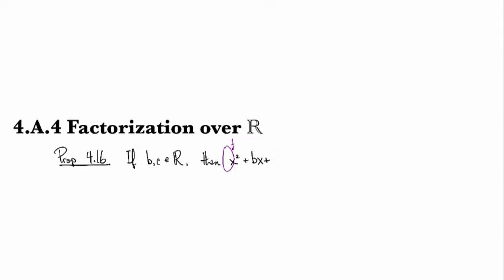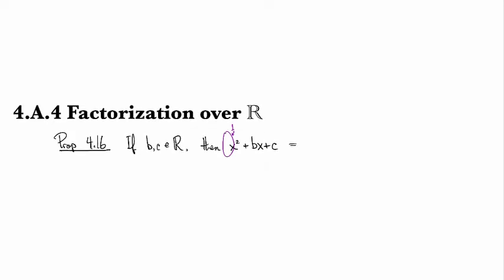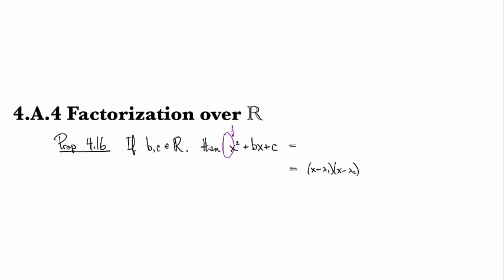Oh, and I drew my c gigantic. Sorry, didn't mean to do that. Okay, so we've got x squared plus bx plus c, where b and c are real. Then this is going to turn out to be x minus lambda 1, x minus lambda 2, and this can always be factored like this over C.